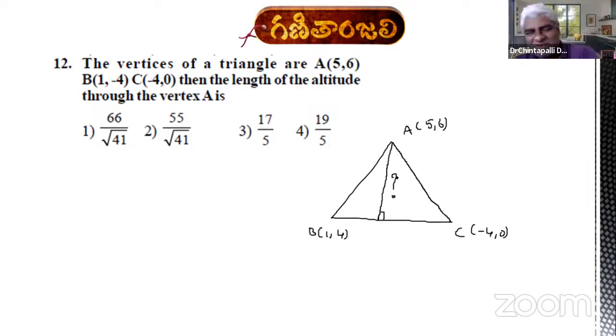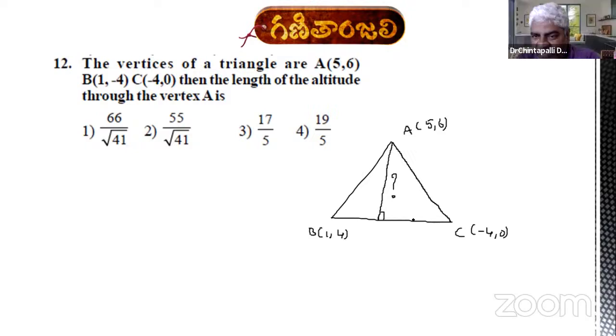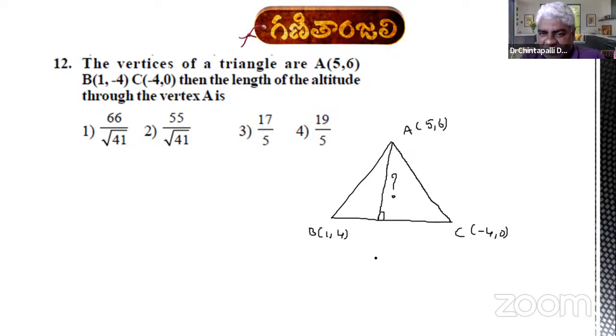Yes, sir. First, to find the distance from a point to a straight line, we need the equation of the straight line. First of all, we should find the equation of line side BC. For BC, 2 points are there. We can find its slope.